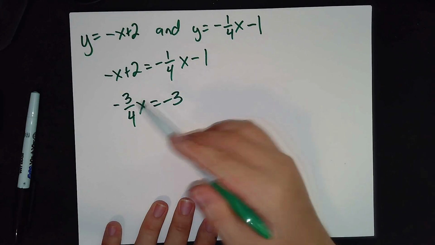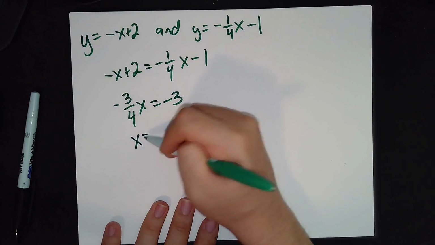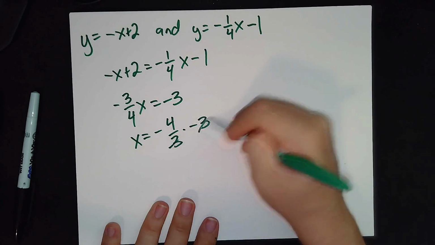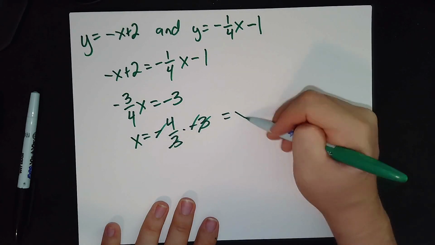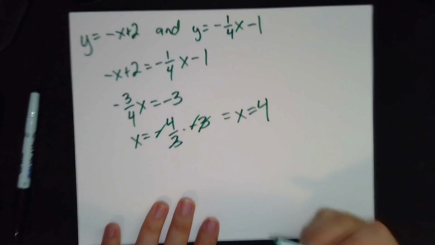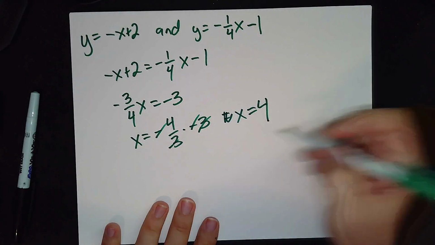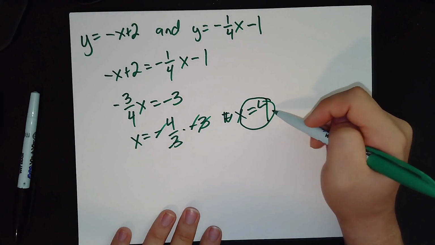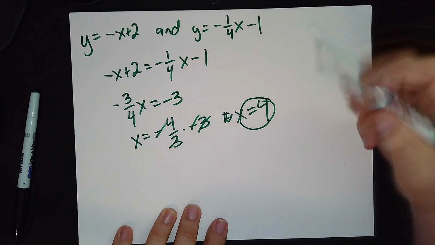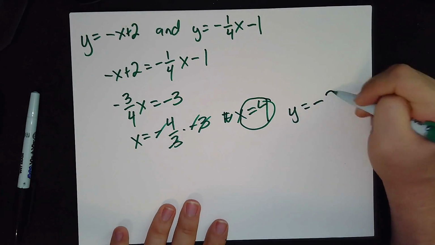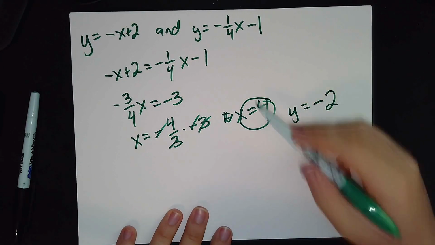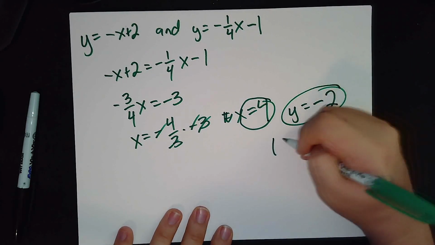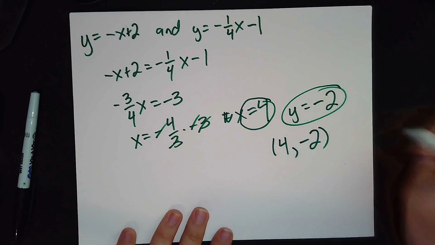And so now I need to multiply both sides by minus 4/3. Those all cancel, and we get that x is 4. When x is 4, we can plug it in here to see that y is minus 2. You could also plug in the 4 there to see that y is minus 2. And so the point you're ultimately looking for is (4, minus 2).